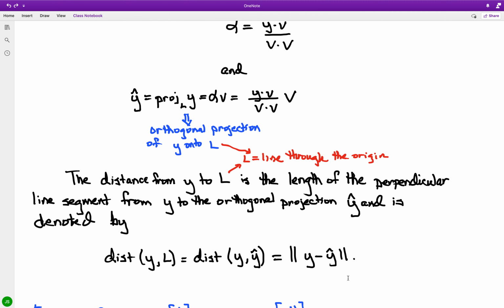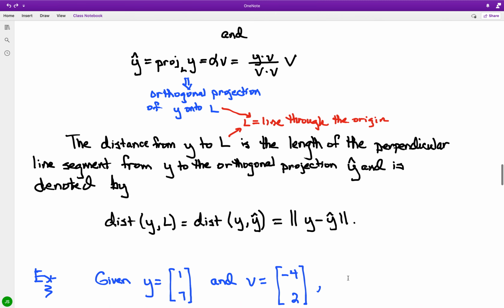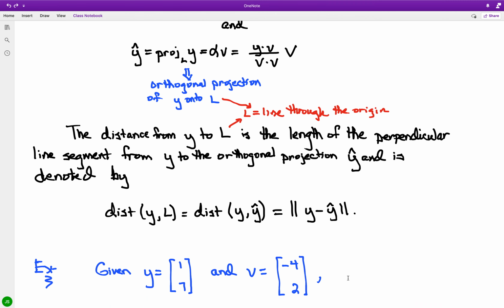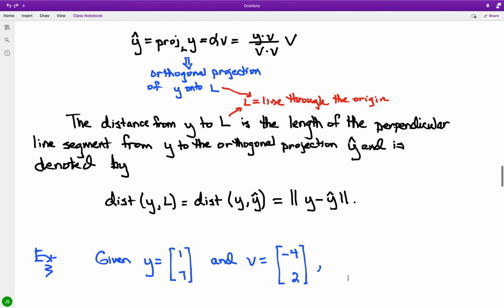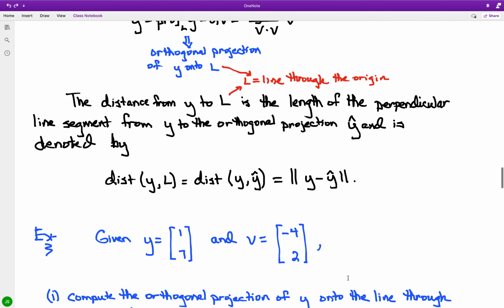Now for the formulas, looking into an application, say y is the 2 by 1 vector 1, 7, and v is equal to negative 4, 2.